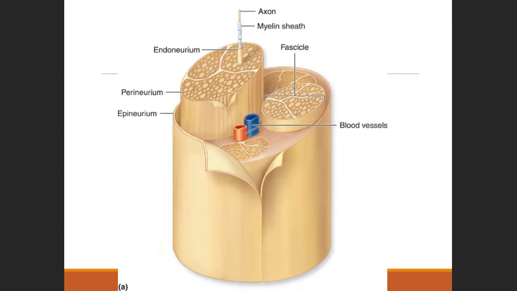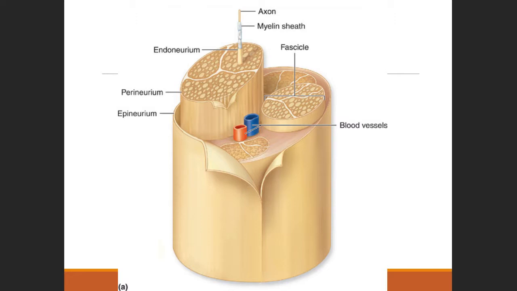And when we do a cross section here now, you are going to see some terms that are going to sound familiar. We want to make sure we don't confuse the terms. If you look real quick, it looks like we're rehashing some muscular terms. And we can put a lot of parallels between the structure of the cross-section of a nerve and the structure of the cross-section of a muscle.